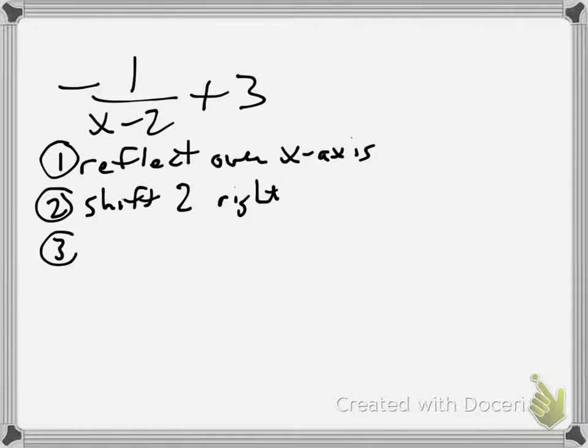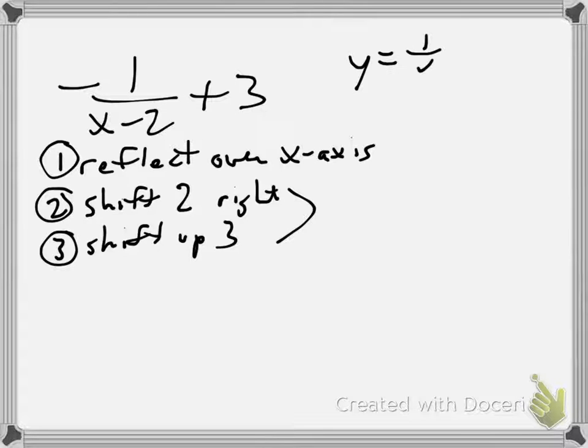And then finally, the plus 3 after means we shift up 3. Now, with these shifts, when you shift the graph up or down or left and right, that also is affecting the asymptotes as well. Your asymptotes are shifting.